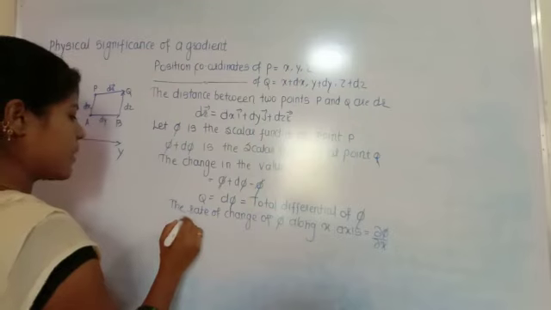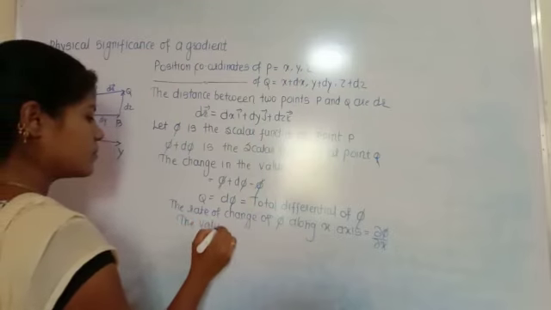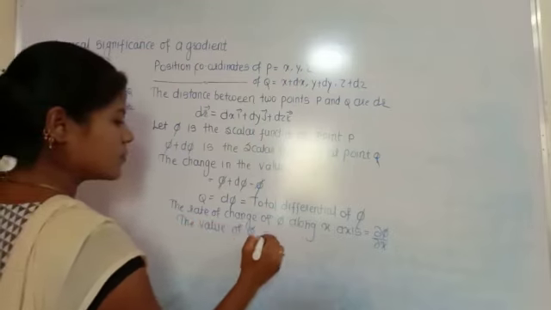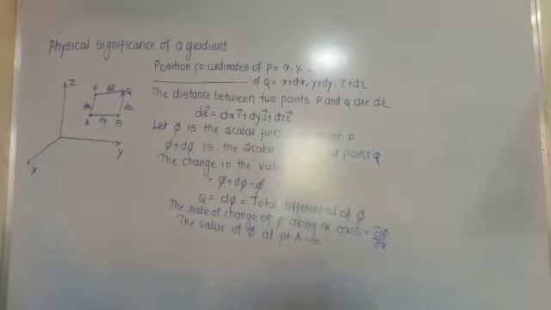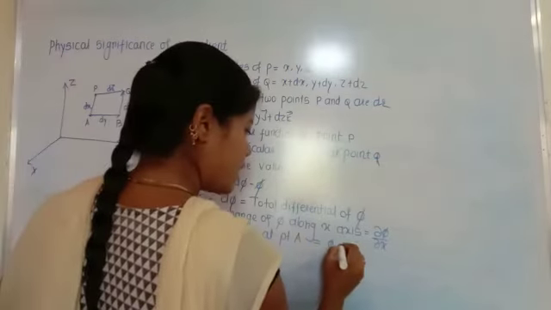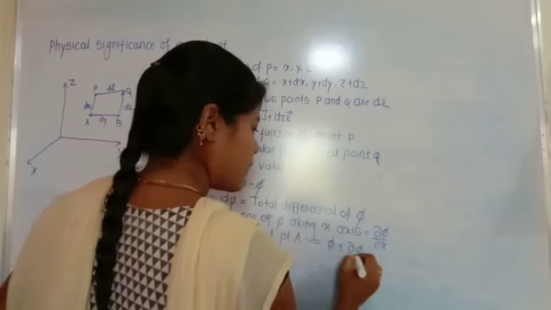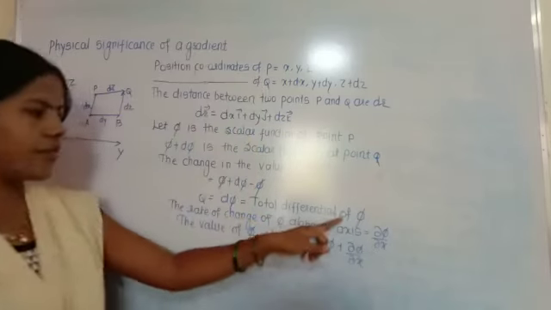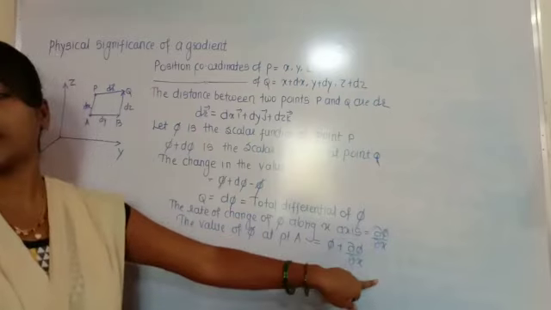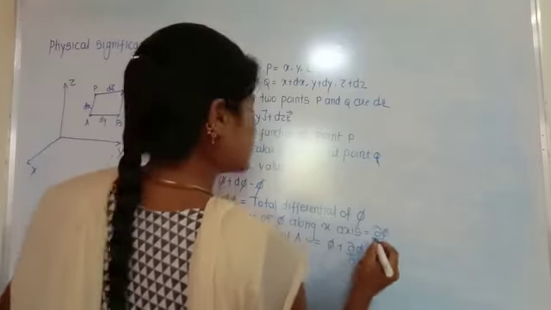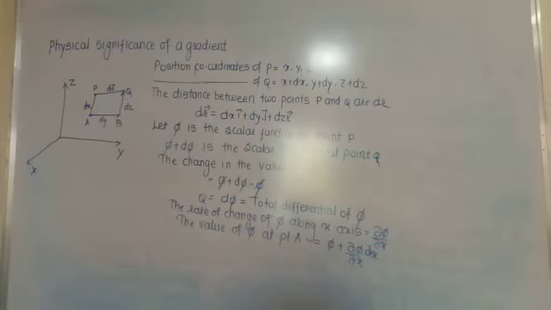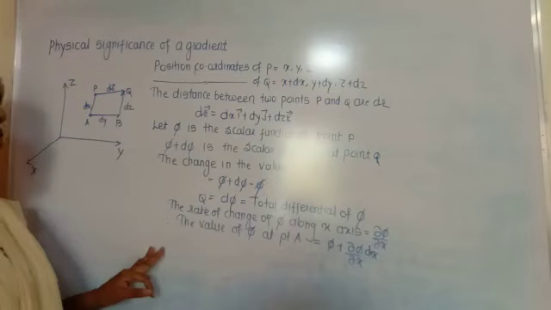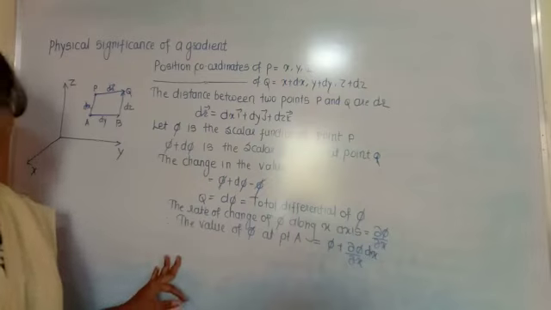Therefore, the value of phi at point A is equal to phi plus del phi by del x into dx. This is phi, plus del phi by del x, into dx. By using this, we can calculate the value of phi at point B, which we can take in the next class. Up to here, thank you.